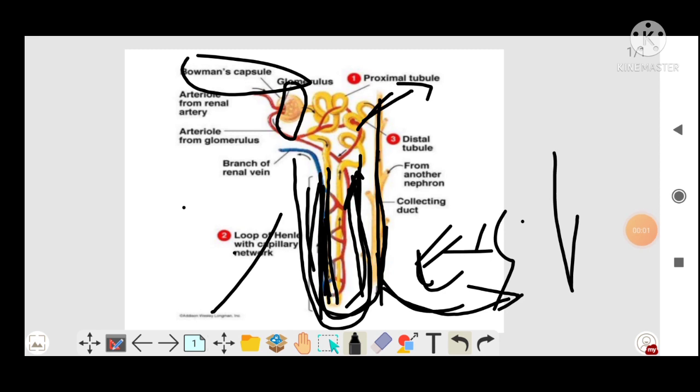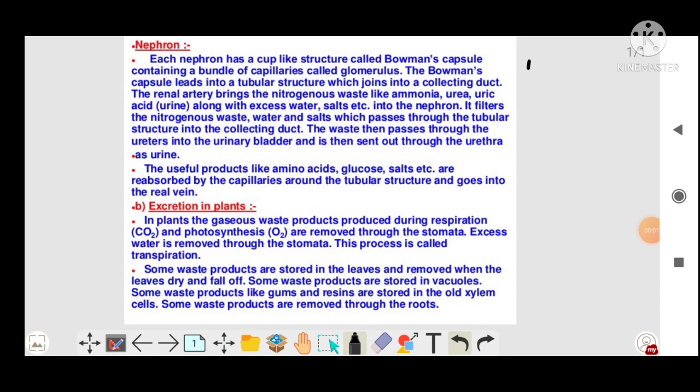After reabsorption of the useful material by the capillaries, these products go into the renal vein. All these parts were discussed in the previous slide.